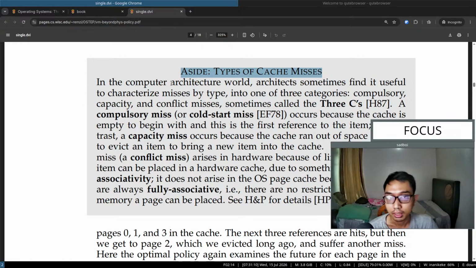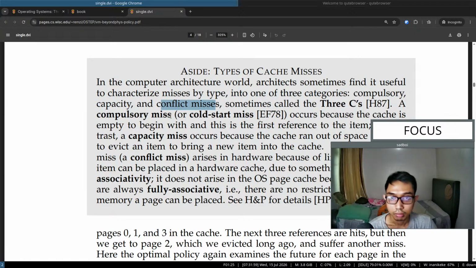In the computer architecture world, architects sometimes find it useful to characterize misses by type into one of three categories: compulsory, capacity, and conflict miss. Sometimes called the 3 C's.